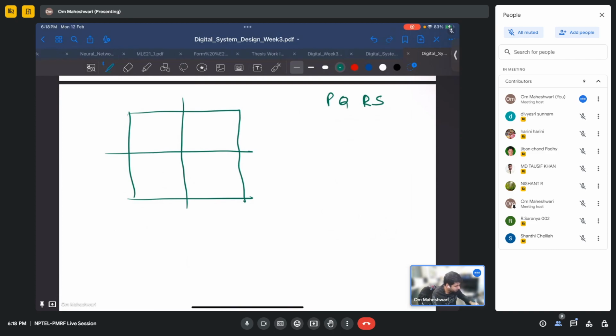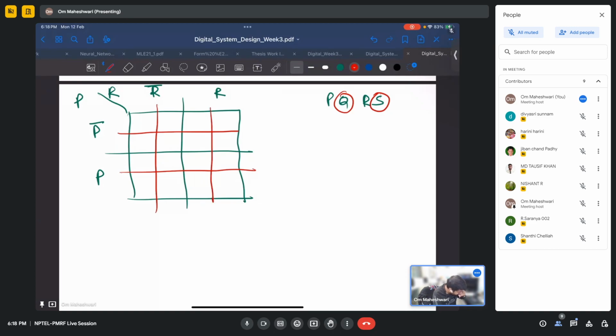Let's take p here and r here. So I can write here this will be p bar, this will be p, this will be r bar, this will be r, just like two variables. Now we take the next two variables, q and s. Now here we form further subdivisions.